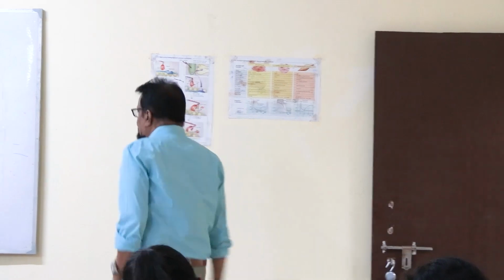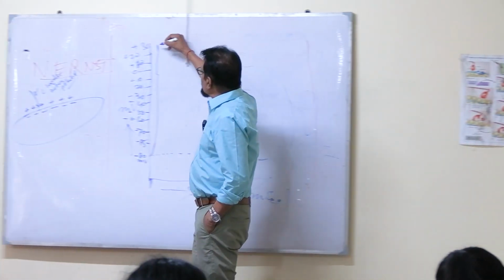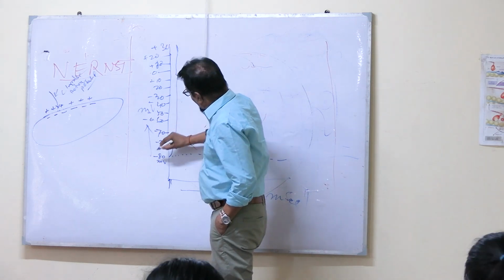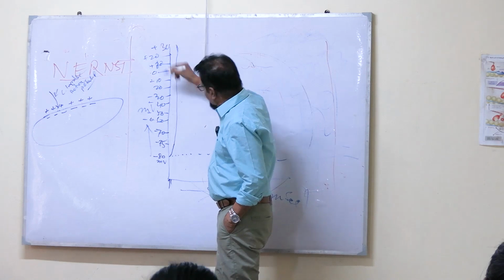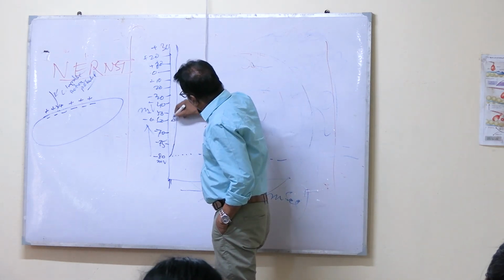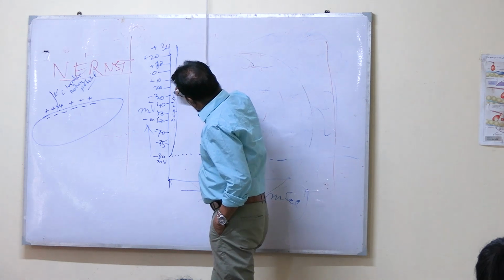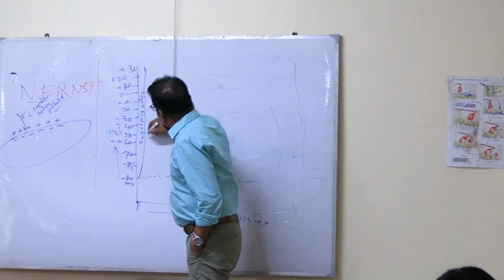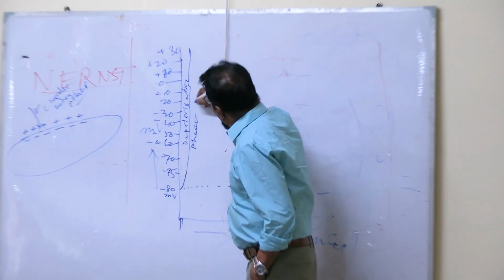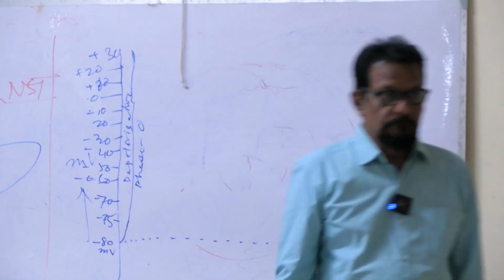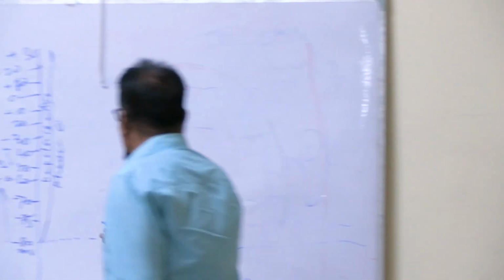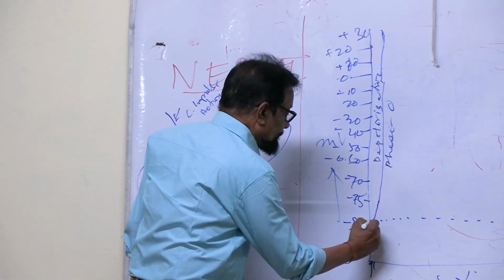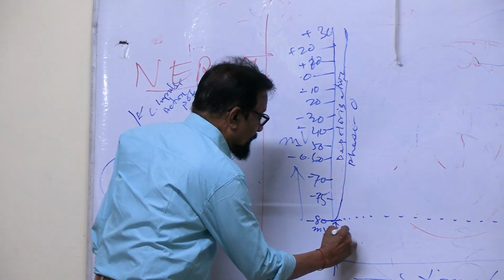This change in voltage towards positivity is called depolarization. This phase is called phase 0. And the resting phase is phase 4.